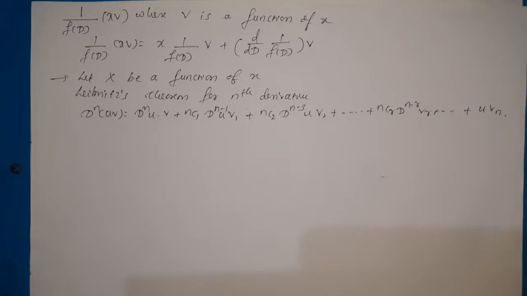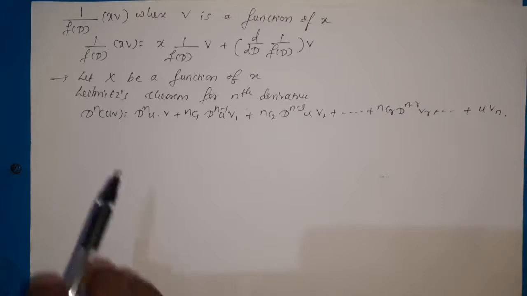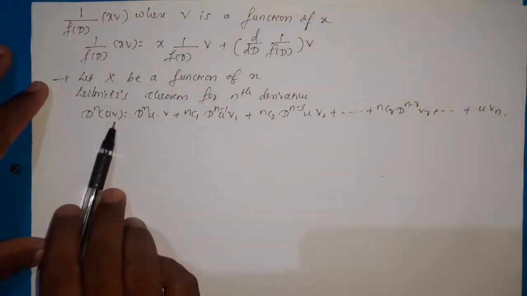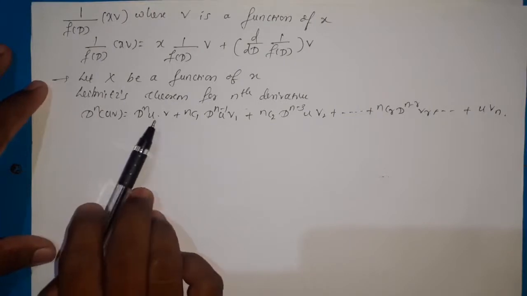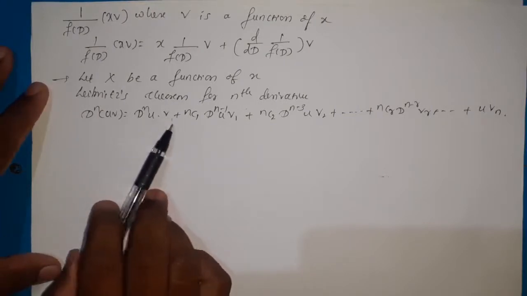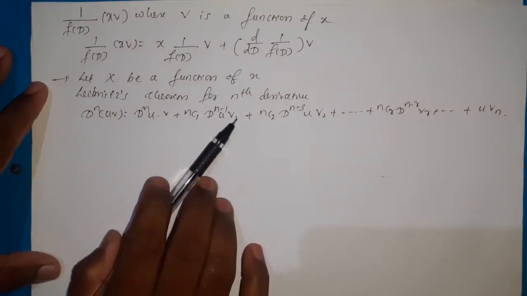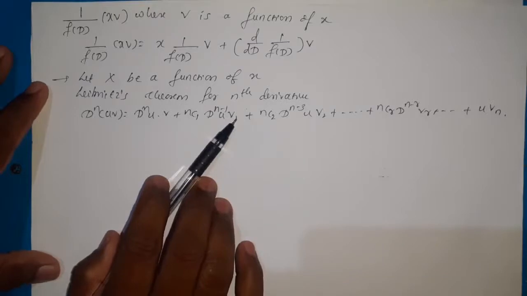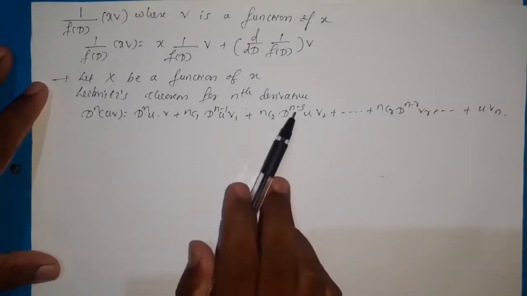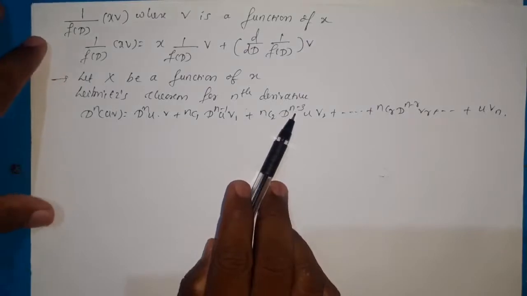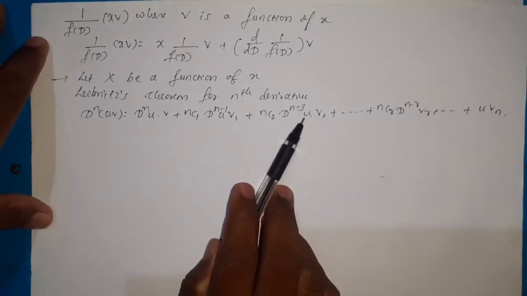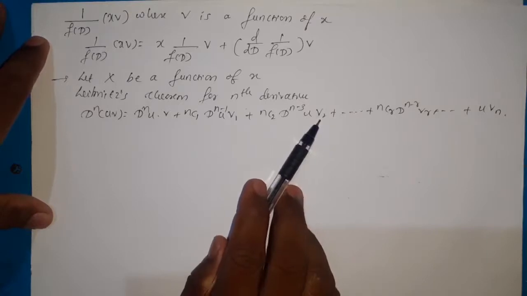By using the Leibniz theorem for the nth derivative, whenever it is the product of two functions, how to find its nth derivative: D power n of uv is equal to the nth derivative of u into v as it is, plus nC1 into the (n minus 1)th derivative of u and the first derivative of v, V1 being the first derivative of v, plus nC2 into the (n minus 2)th derivative of u and the second derivative of v, and so on.